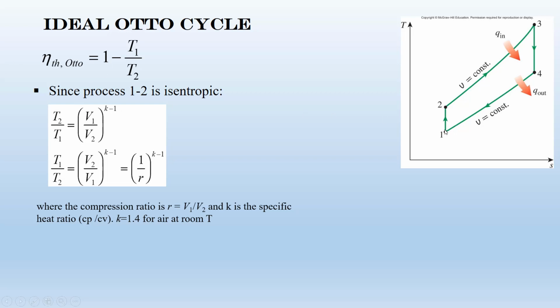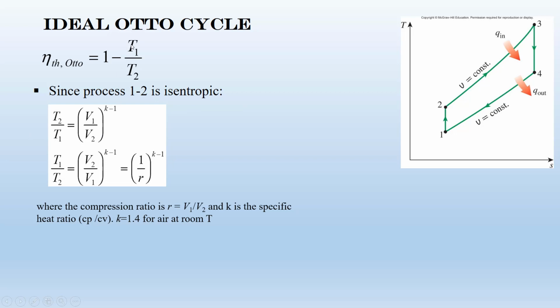If you look at this process, you can see that V1 is the maximum volume, Vmax, and V2 is Vmin. Actually, V1 over V2 is r, the compression ratio. If you remember, the compression ratio r is Vmax over V2. So we can write T2 over T1 equals r to the power k minus 1.